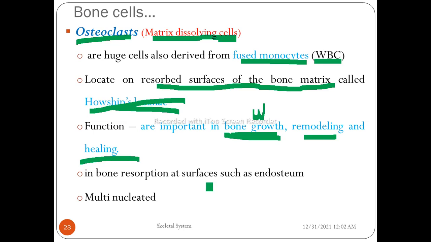As the inner surface is degraded, the marrow cavity increases, and as matrix is added on the outer surface, the bone width increases. Osteoclasts are multinucleated cells: some cells have one nucleus, others two, and osteoclasts have many.